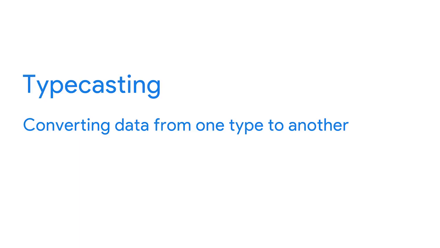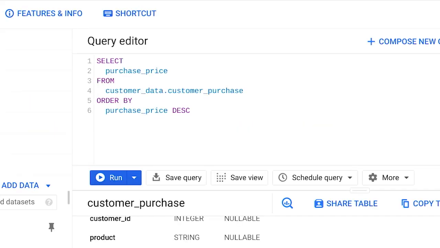Typecasting means converting data from one type to another, which is what we'll do with the cast function. We use the cast function to replace purchase_price with a new purchase_price that the database recognizes as float instead of string. We start by replacing purchase_price with cast. Then we tell SQL the field we want to change, which is the purchase_price field.